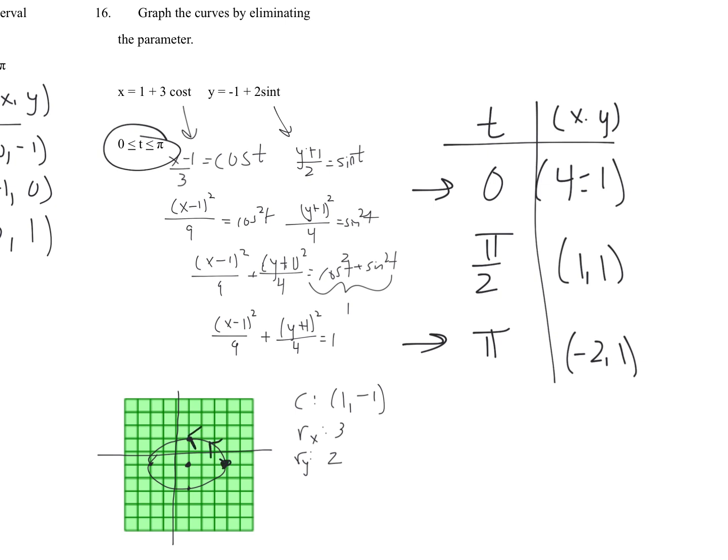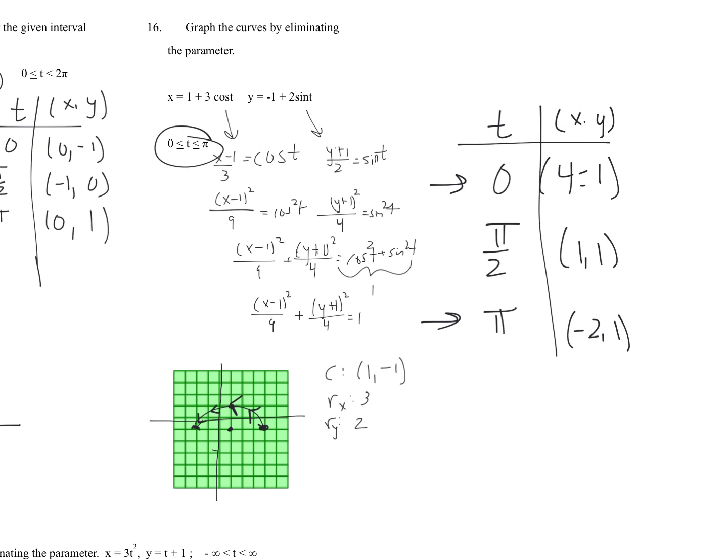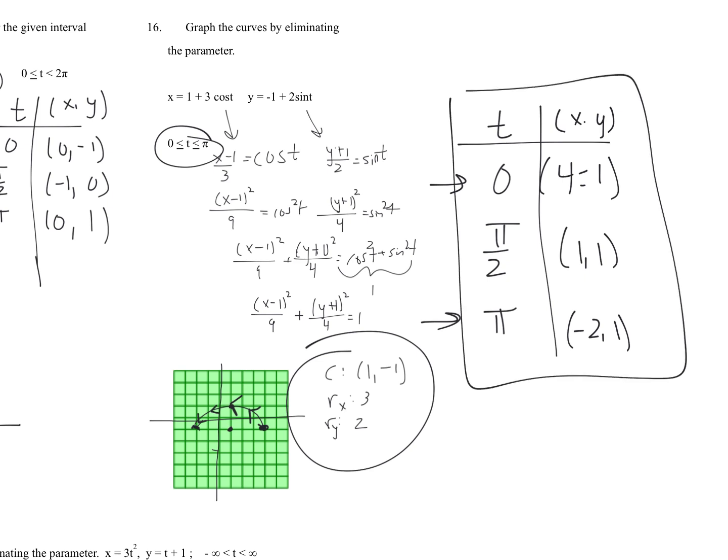They take me up to 1, 1, which take me down to here. So I'm going to erase the component of my ellipse that's not being used in the parameter. Now, you didn't have to do all that. I just got carried away once I got the information. What I'd really recommend is you get the 3 coordinate points you want and then rewrite your equation. That way you know the shape.